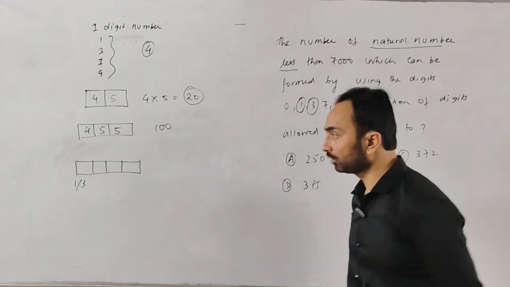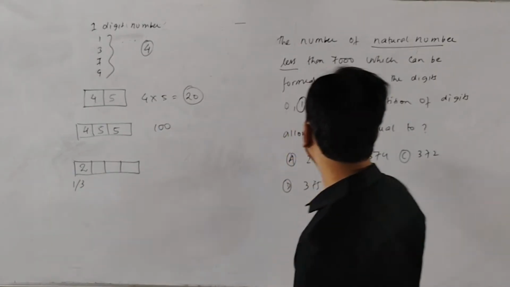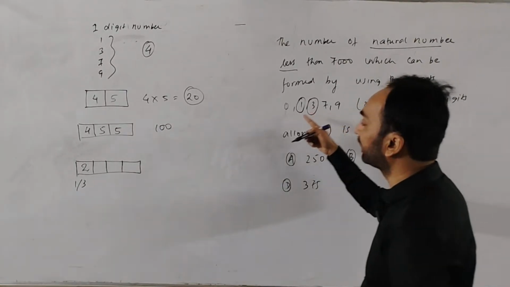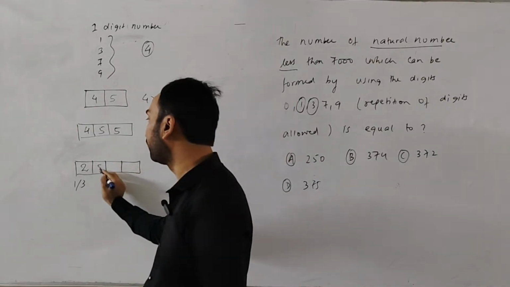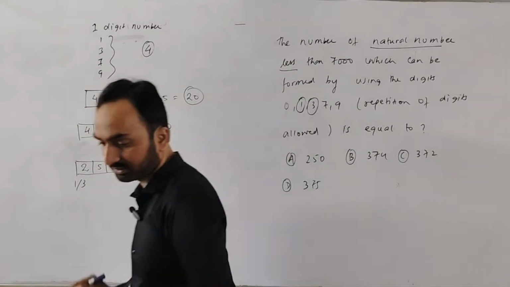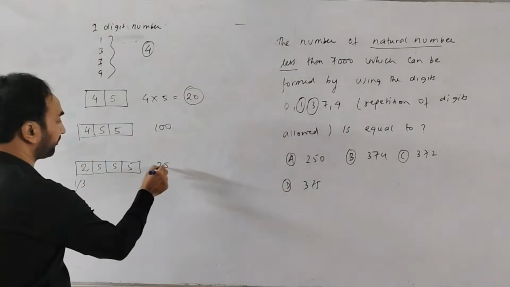So 2 options are available here, and now I can put any number in the other places. Suppose I start with 1 or 3, now I have 5, 5, and 5 choices, so 2 into 125 is 250.